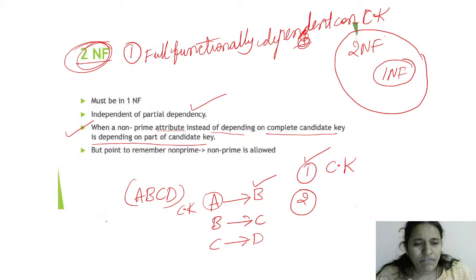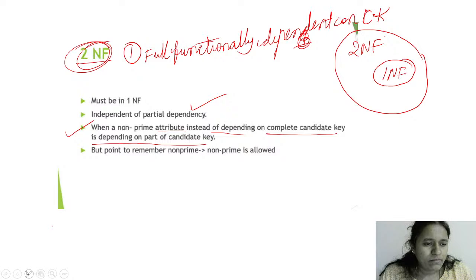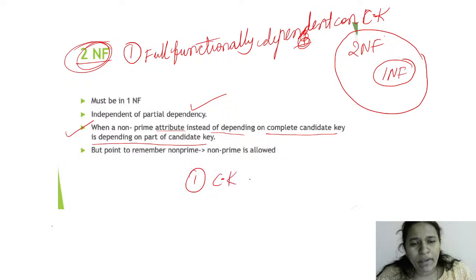But if a functional dependency is like this, this example is not correct for the second normal form. I will give examples first. For now, please understand the rules of second normal form. We will solve GATE previous year's questions also. The first rule is the left hand side should be candidate key. Right hand side may be prime or non-prime. There is no problem.